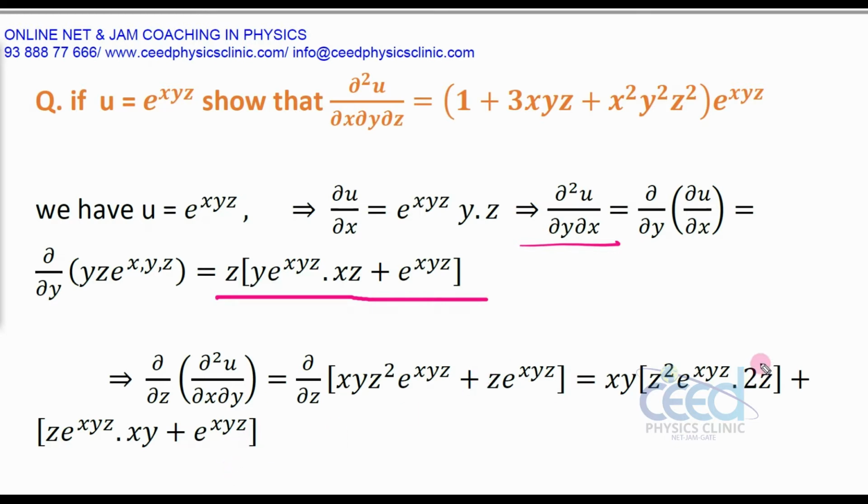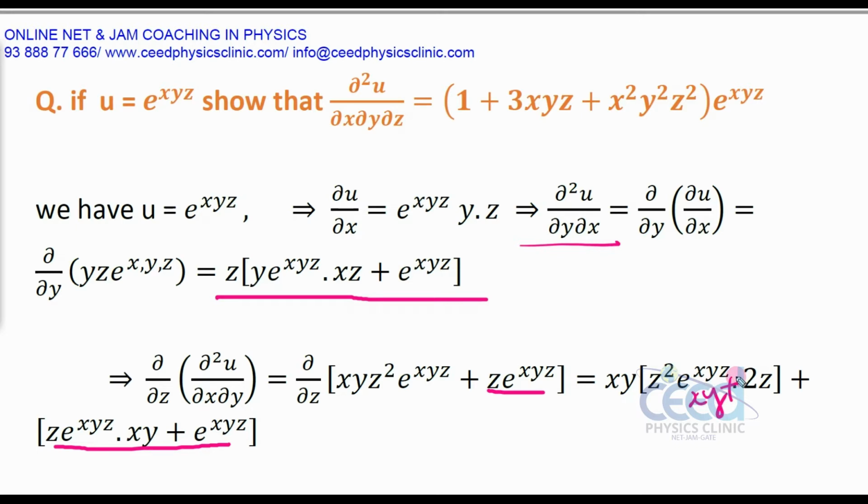Okay, and when I keep e raised to xyz out and differentiate z, that is equal to 1. So here we have a confusion, right? When you do this term, xy is a constant and z square into I am doing e raised to xyz, that is e raised to xyz into xy.